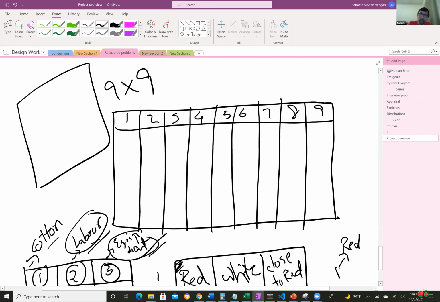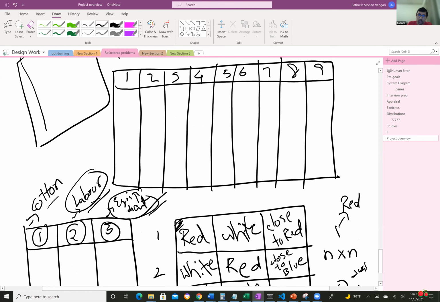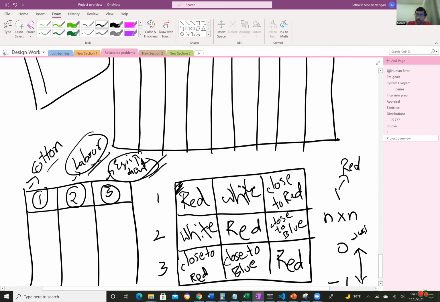What if you have 90 columns and you draw a correlation plot? Can you really select features from a 90 by 90 matrix by looking at the tiny pixels, like these blocks that you see, this red, white, close to blue? You are able to visually see these colors and pick out the features because these blocks are big.